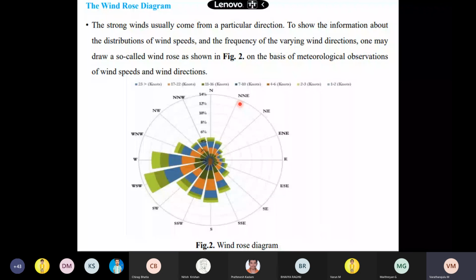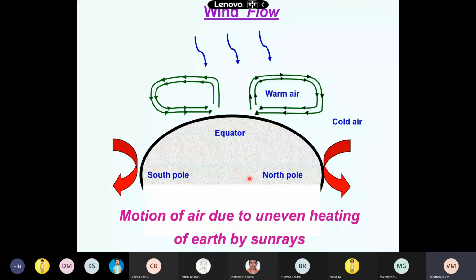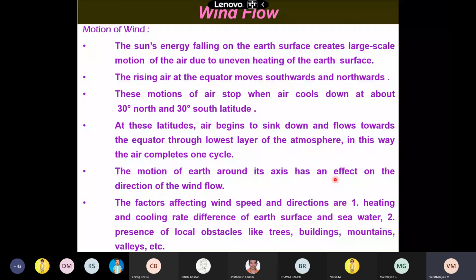And see, due to the uneven heating of the earth by sun rays, there might be changes in the wind pressure. See, the south pole and north pole and the equator are given here, and the sun energy falling on the earth's surface creates large scale motion of the air due to the uneven heating, with rising air at the equator moving southward as well as northwards. This motion of air stops when the air cools down at about 30 degrees north as well as 30 degrees south latitude.